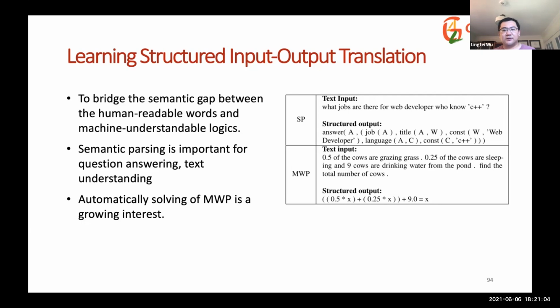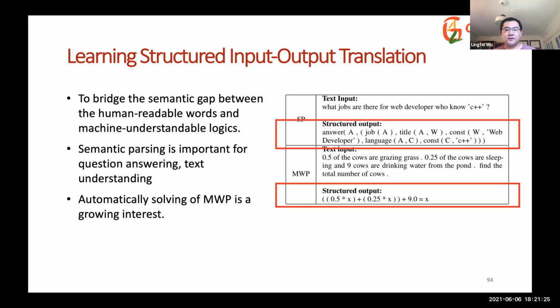So in these two cases, if we gain knowledge about our text input and translate it into a graph format, then we are really talking about translating a structured input to a structured output. That's why we call it learning a structured input-output translation.